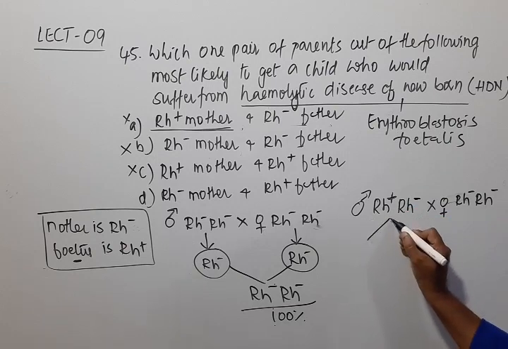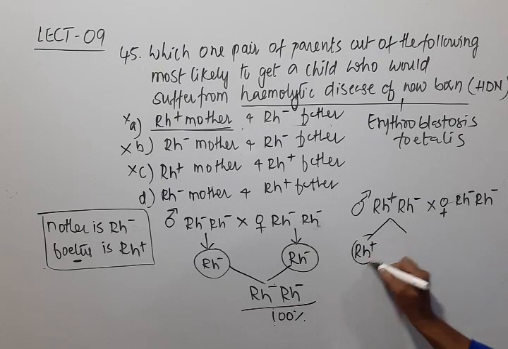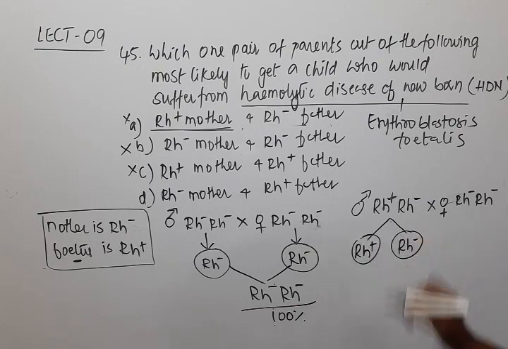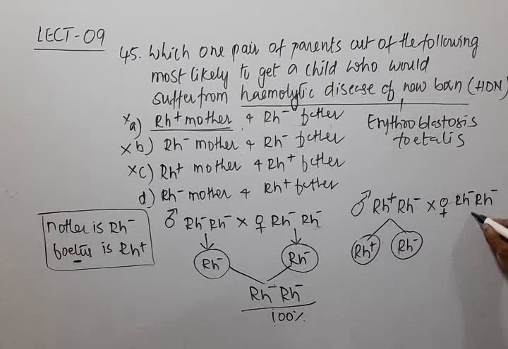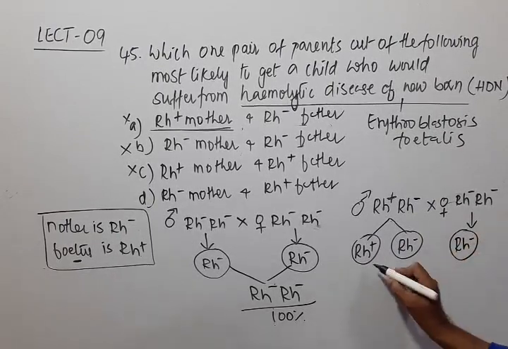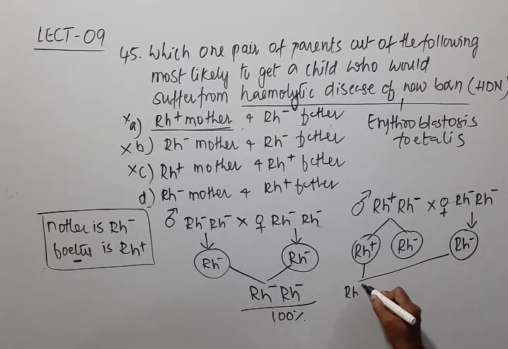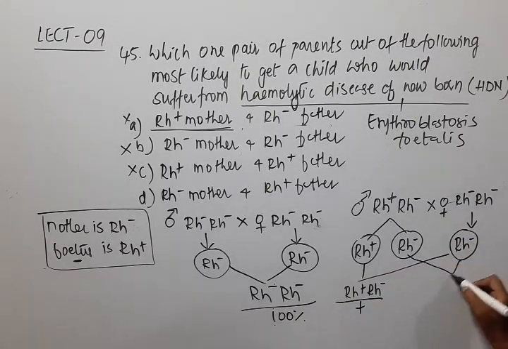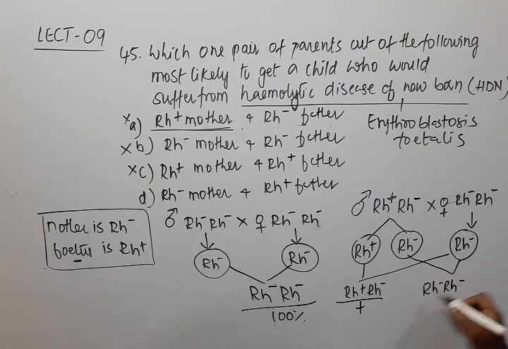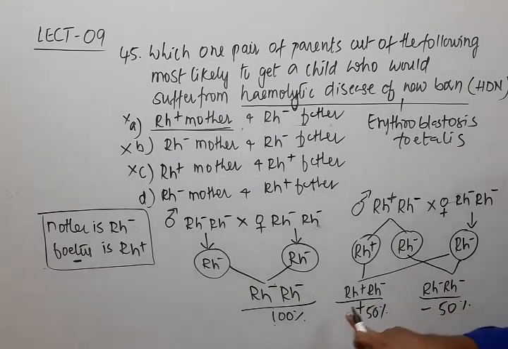So there is a chance of two gamete types, Rh positive and Rh negative. Positive with negative gives positive here, and negative with negative gives negative here. So it means that there is a 50-50 chance of having Rh positive or Rh negative.